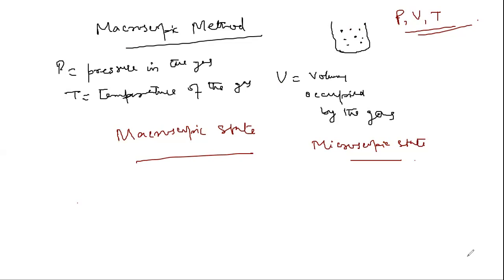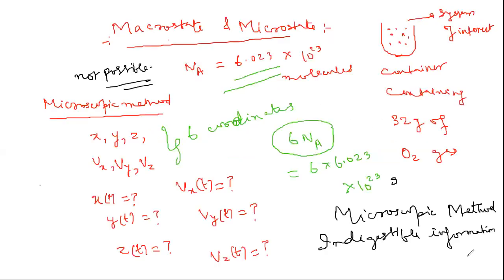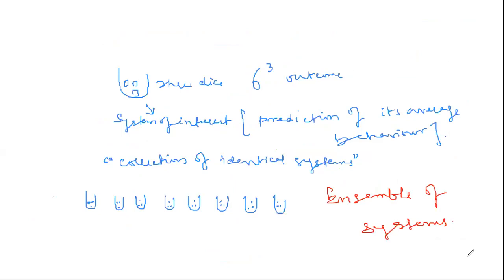Now the same is the situation here. Compare the situation. We have this system of interest, this gas. If we have to predict the average behavior of this system, what we do, we construct an ensemble of identical systems, then we average over those systems in the ensemble to find the average behavior of the system of interest. So it is not just the situation of that dice.